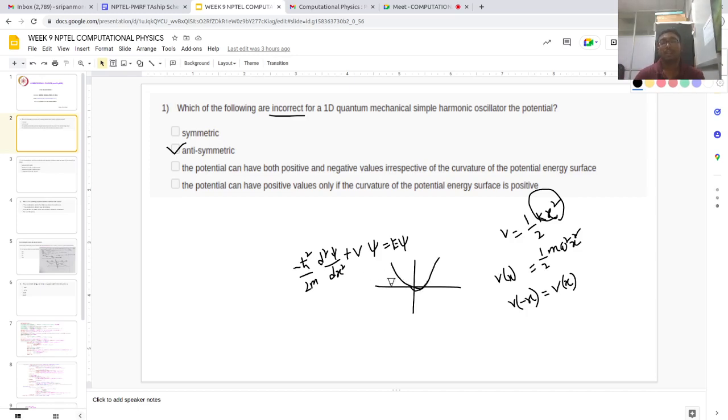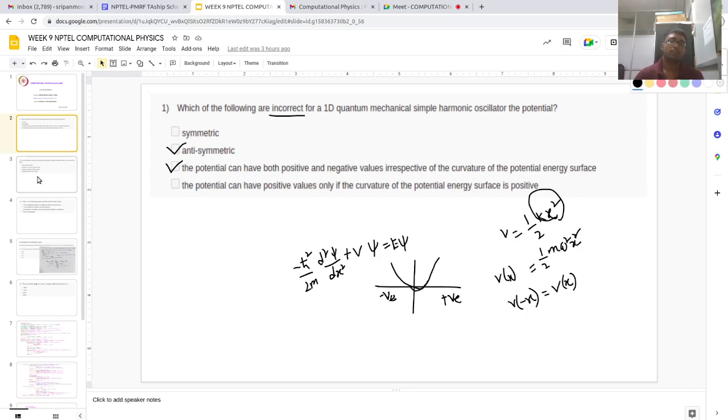Whether x is negative, here, or x is positive, in this area, for both, V of x will have a positive value. So another incorrect statement is that the potential can have both positive and negative values irrespective of the curvature of the potential surface, because this potential cannot have any negative values. It will always have positive values and it will be symmetric in nature.